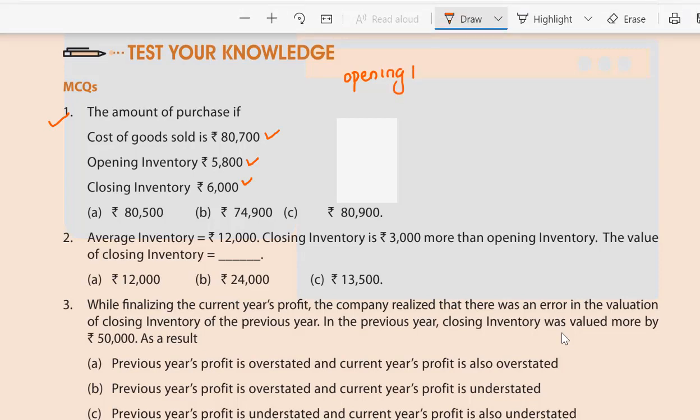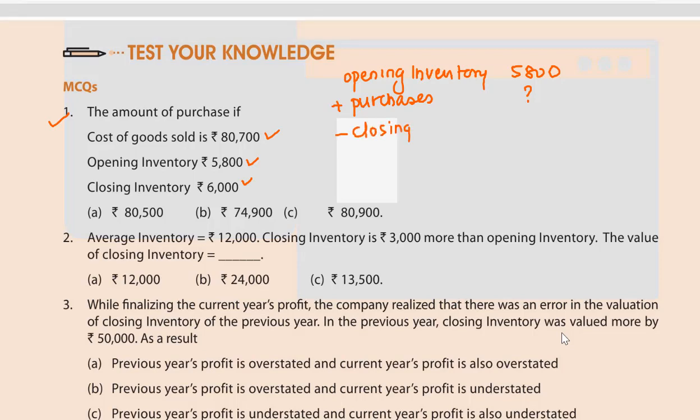Opening inventory 5,800 plus purchases, we don't know, minus closing inventory 6,000 equals cost of goods sold.